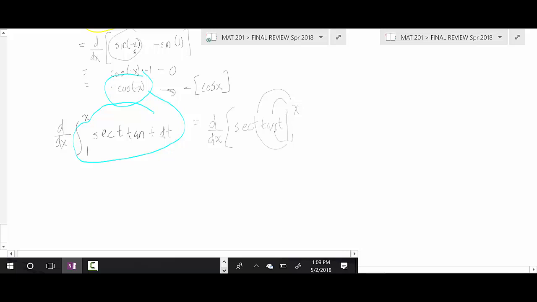Then you're going to plug in a 1, and then you'll have d dx, secant x tangent x, and then minus secant 1 times tangent of 1, like that. Okay, got the antiderivative, and now I plug in the x, plug in the 1, and subtract.